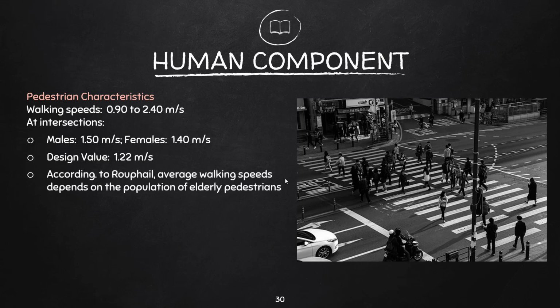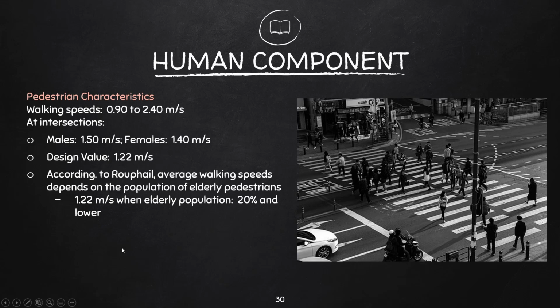According to Rufil, average walking speed depends on the population of elderly pedestrians. So if there are more elderly pedestrians, then they will have a lower walking speed. 1.22 meters per second when elderly population is 20% and lower.